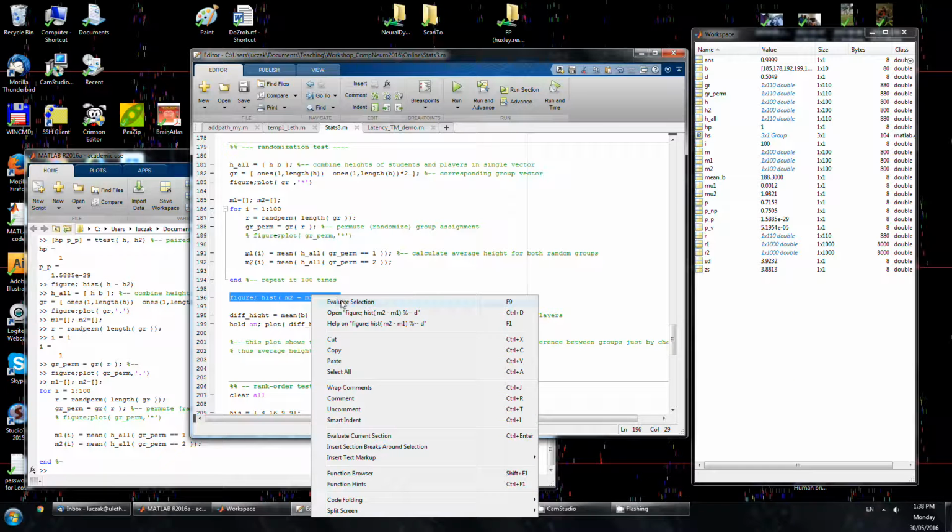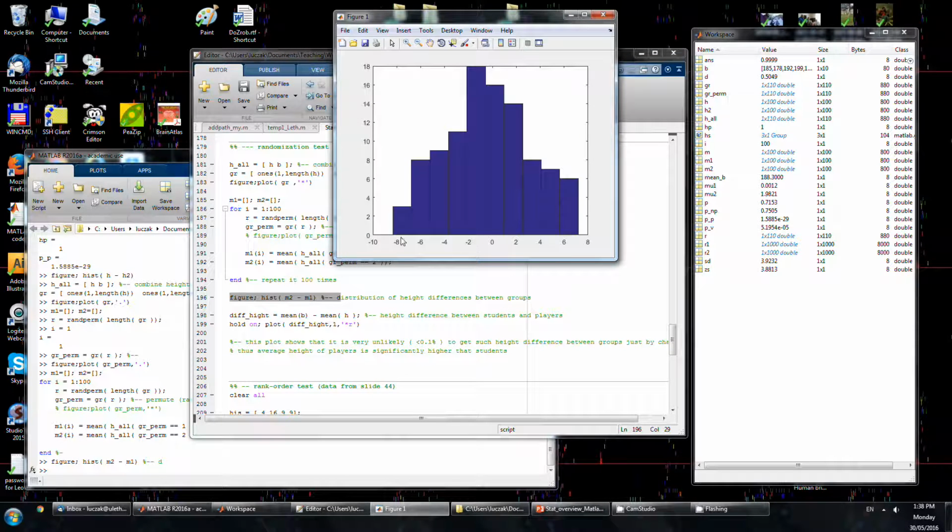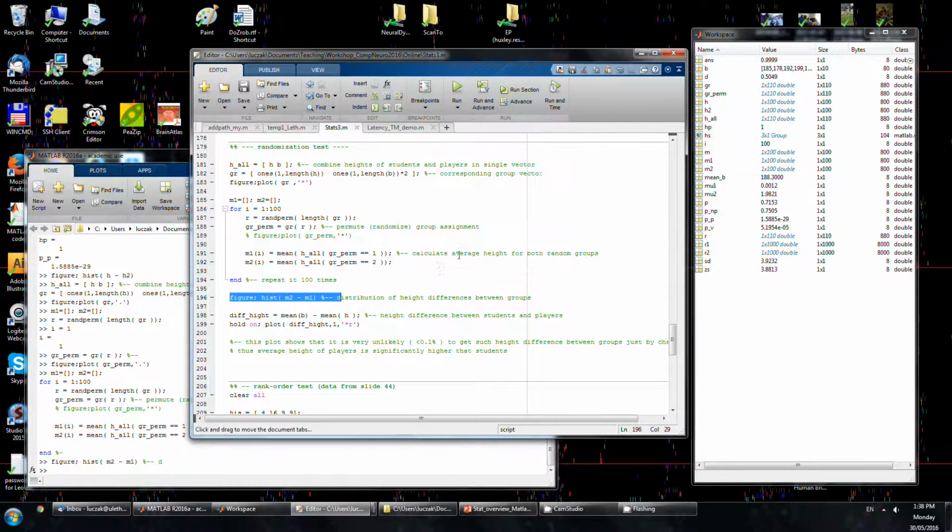So here if I plot a histogram, I will see that it is centered around 0. Sometimes the average of one group was bigger by 2 than the first group, but it was equally likely that the average of the second group would be bigger than the average of the first group by 2. So it is a more or less symmetric distribution, as expected.